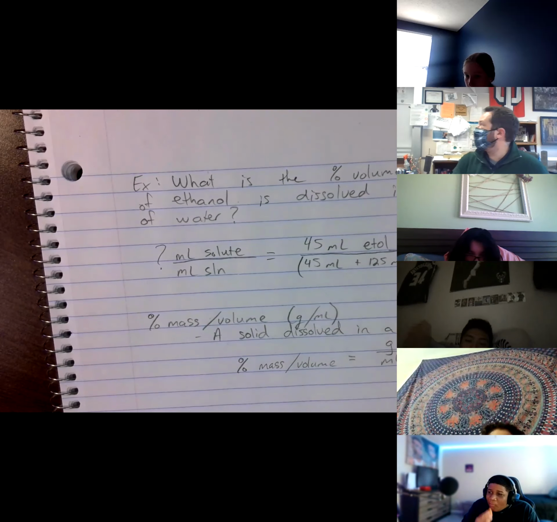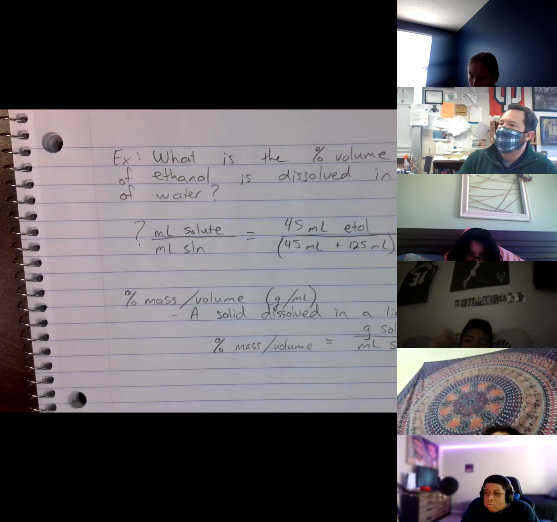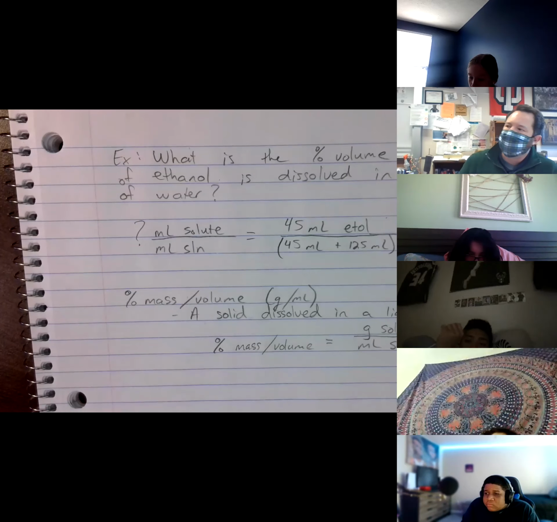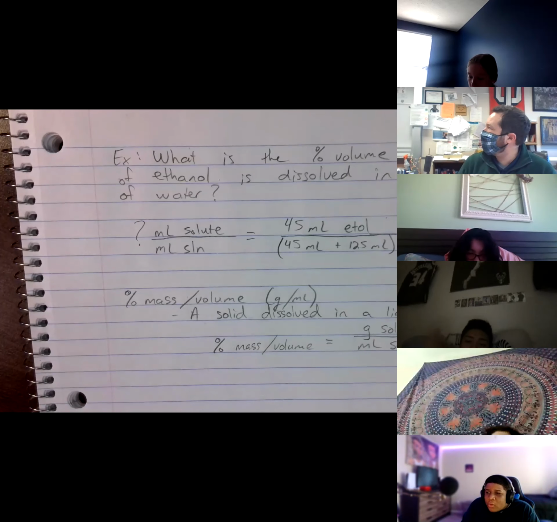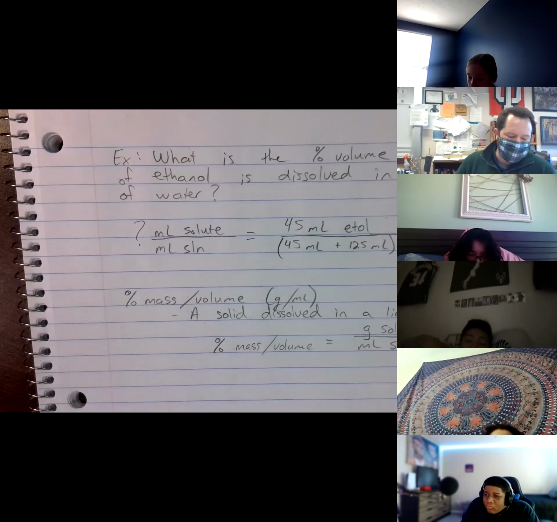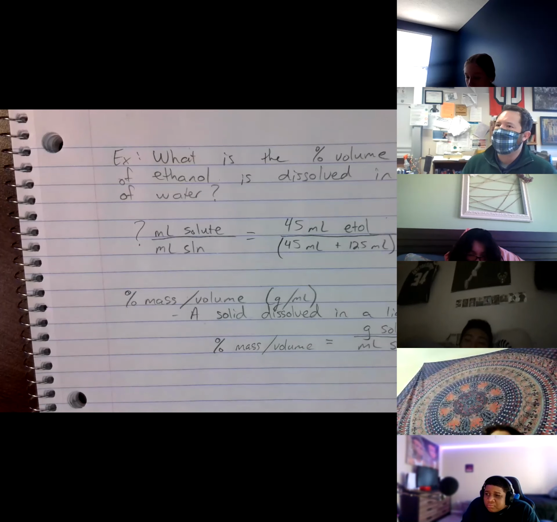And very similar to the other one. You find that percentage by taking your grams of solute, dividing by your volume of solution, and multiplying by 100%.